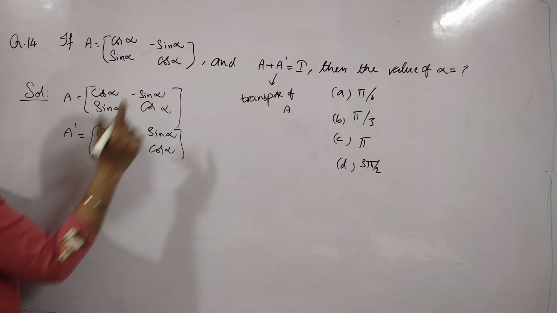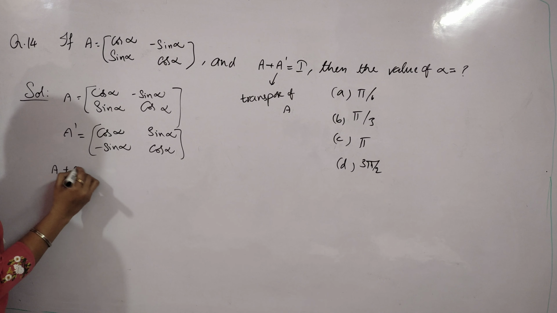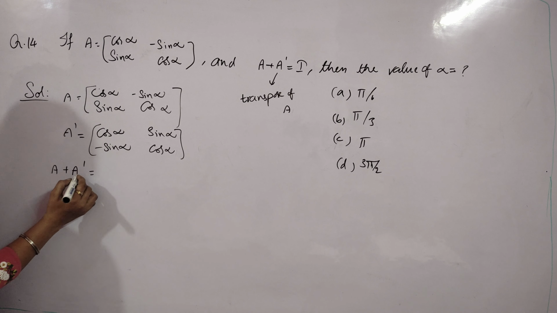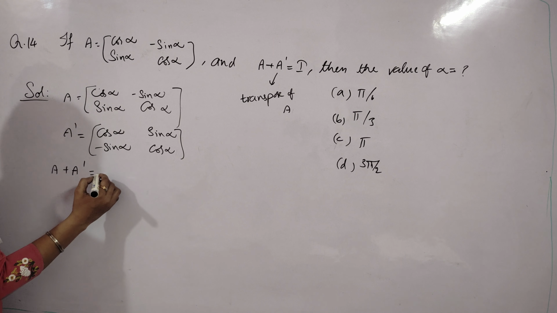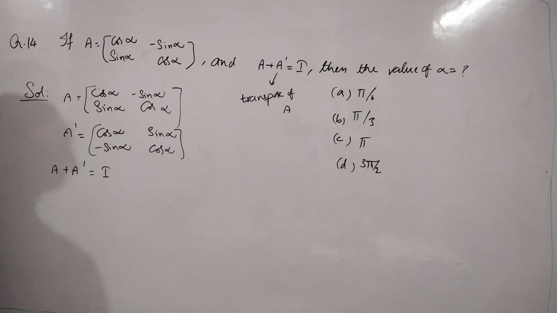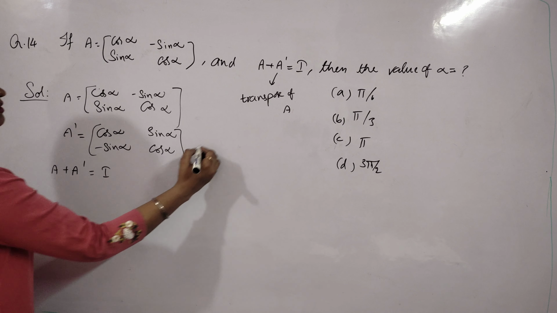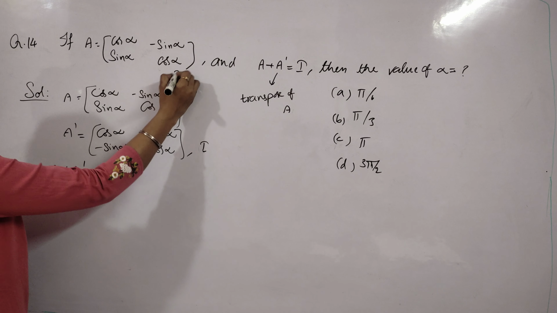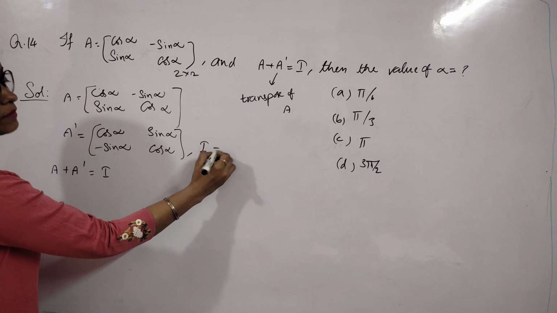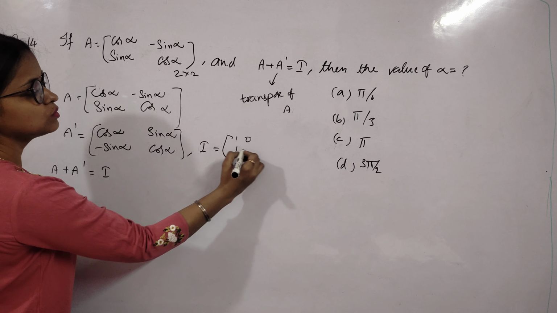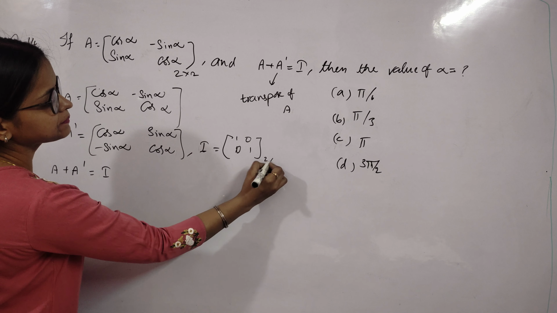So now according to that, A plus A dash is equal to the identity matrix. Since here A is a 2 by 2 matrix, your identity matrix will also be in 2 by 2 form.